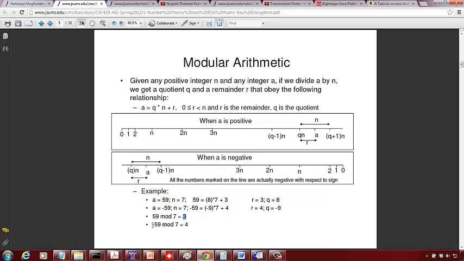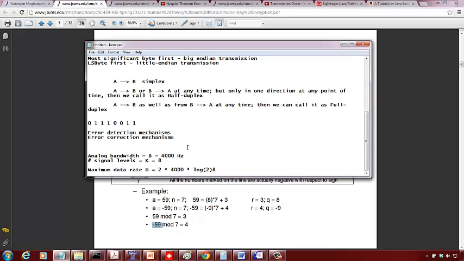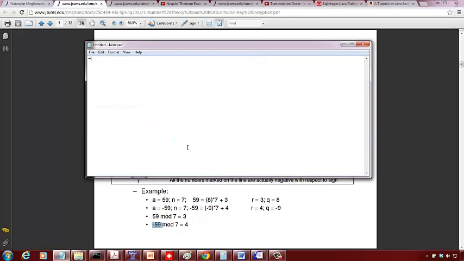Now when you work with negative numbers, say negative 59 mod 7, it means we are doing a repeated addition. Negative 59 plus 7 gets you negative 52. Then negative 52 plus 7 gets you negative 45. Negative 45 plus 7 gets you negative 38, and so on.